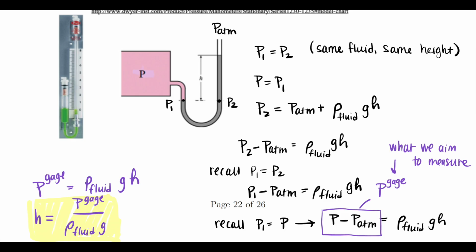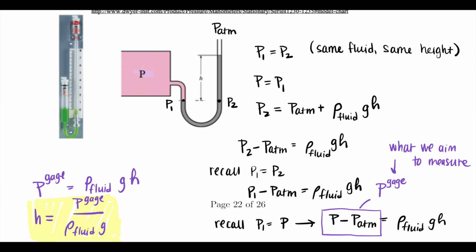All right, so remember that this is P gauge, which is what we want to measure, right? So we have that P gauge is equal to density of our fluid, GH, and we want to calculate H in this system, right?